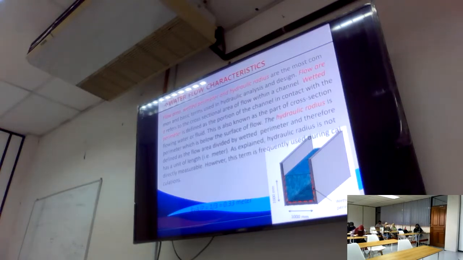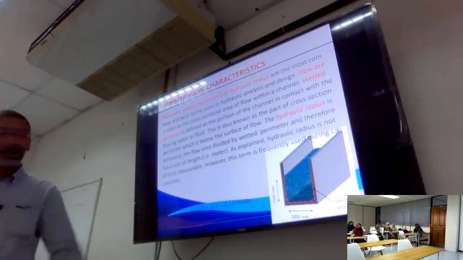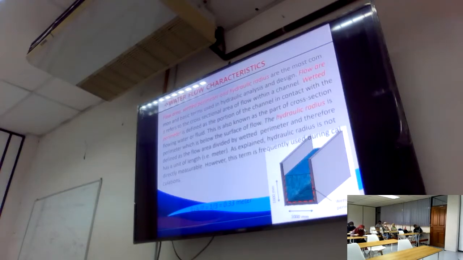It is called the hydraulic radius. So the hydraulic radius R in this formula is equal to A, which is the area just now, divided by P. So you can see this formula here: R equals A divided by P. Right? So then you know what this R is.